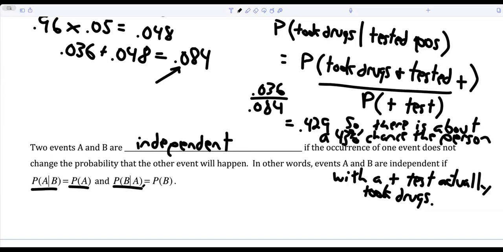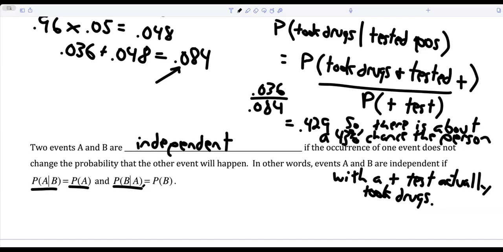Because if I don't put the card back, number one, there's one less card. So I'm dividing by 51 instead of 52. Number two, it depends on if I drew a heart the first time. So it could be 13 out of 51, or it could be 12 out of 51. So the probability that I draw a heart on the second draw depends on what I drew the first time. Therefore, those two events are not independent of each other.